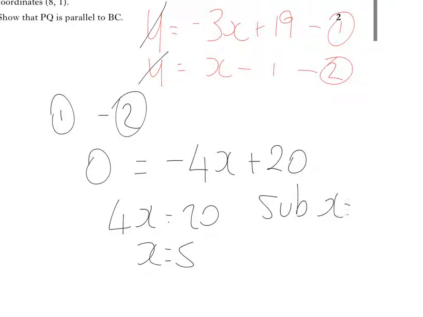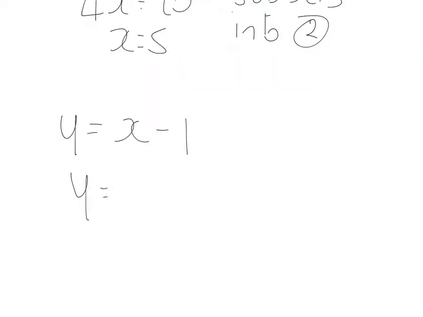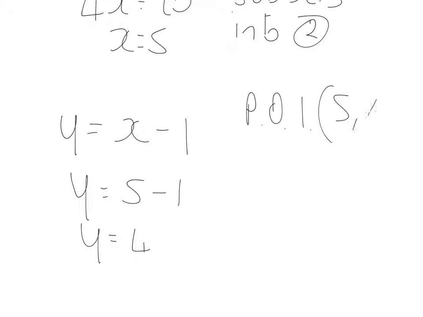I'm now going to sub x equals 5 into one of the equations, and I'm going to choose equation 2. So y equals x minus 1, that's 5 minus 1, and that's 4. So my point of intersection then is (5, 4).